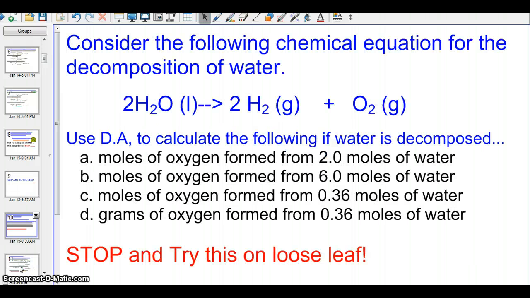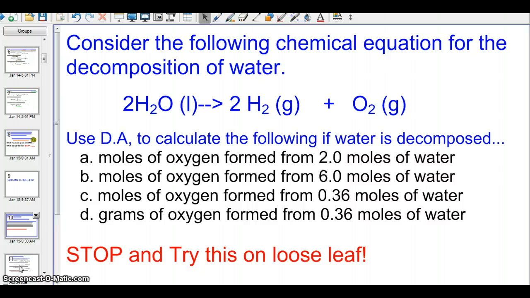Okay? So let's take it to a chemical problem. We're going to decompose water. If you look at this equation, you'll notice that it's balanced. What does a balanced equation show you? The mole ratio. It says that if I decompose 2 moles of water, I get 2 moles of hydrogen and 1 mole of oxygen. Balanced equations are mole ratios, not gram ratios.